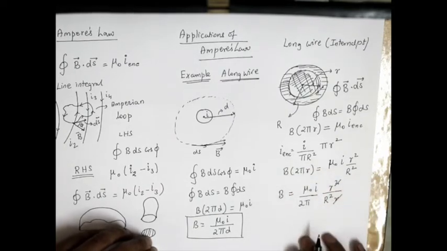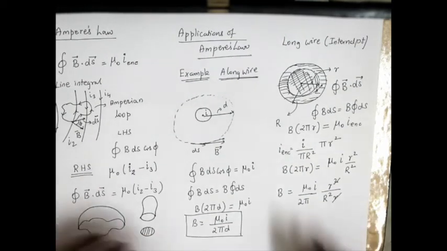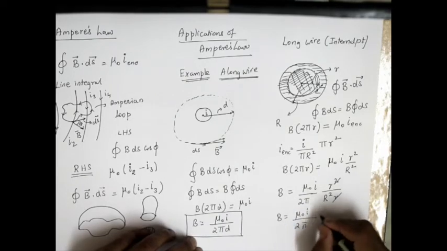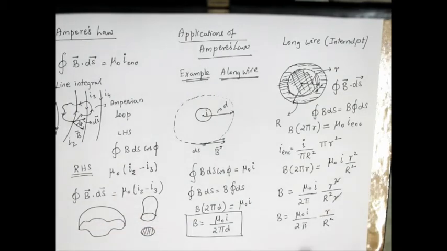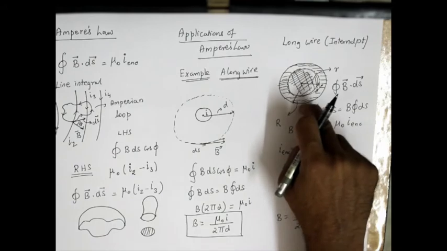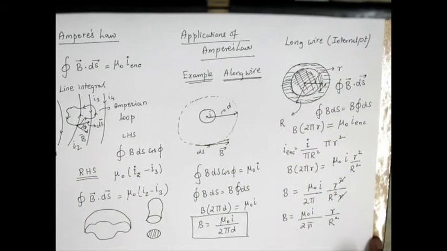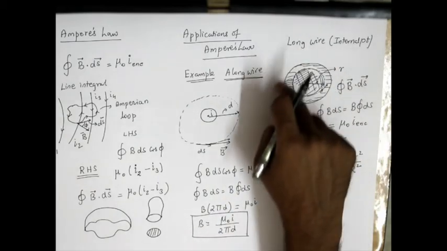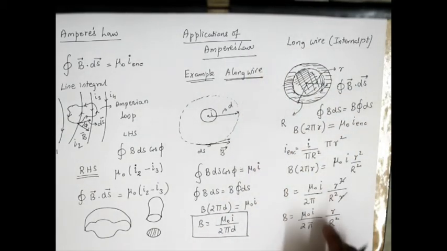Small r cancels. As a final result we get B equal to mu 0 I r divided by 2 pi R square. Now you will notice that when small r is equal to capital R, this reduces to the earlier formula. That is, on the surface of the wire, the magnetic field is nothing but mu 0 I divided by 2 pi capital R.